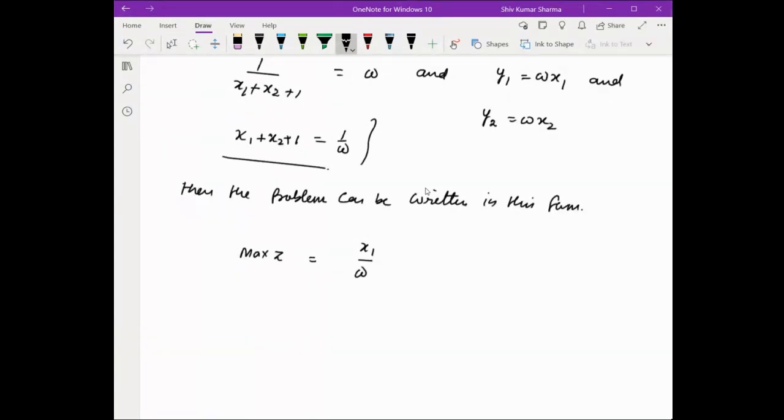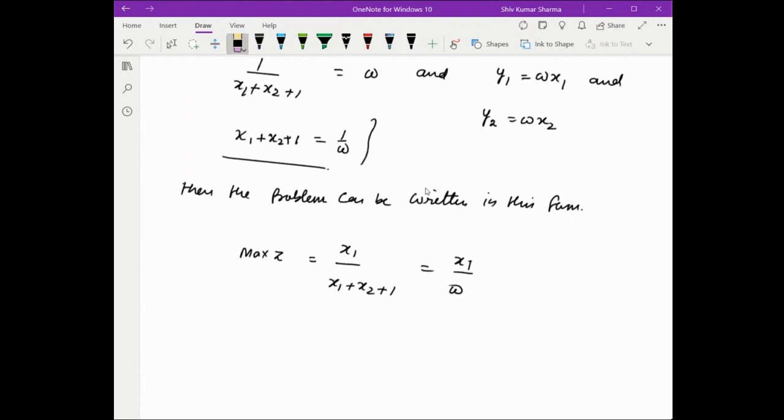So we write x1 upon omega. Understand? Our objective function, you don't confuse, is in this form: x1 upon x1 plus x2 plus 1, and we replace the denominator as omega.